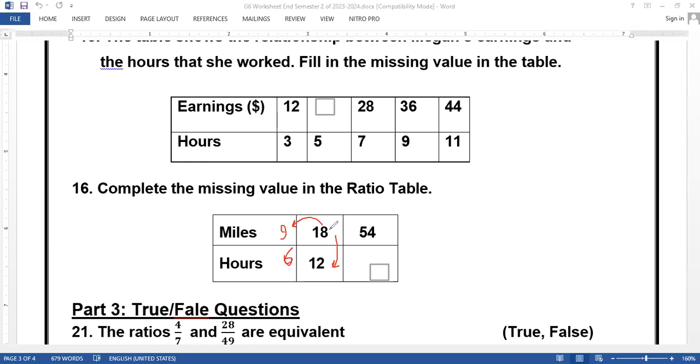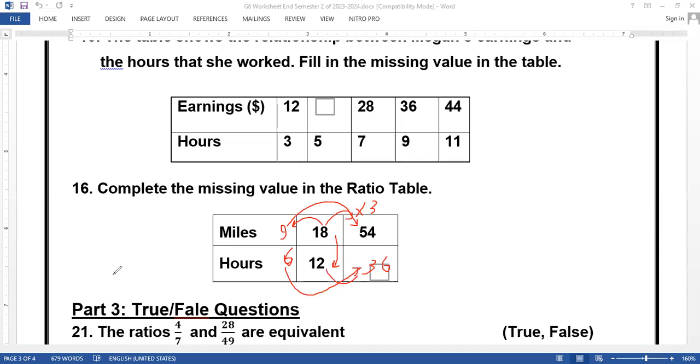Or from here, 18 became 54, so we multiply by 3. So 12 multiply 3 equals 36. Or we can simplify it, and we check 9 to become 54 multiplied by 6, 6 by 6, 36.